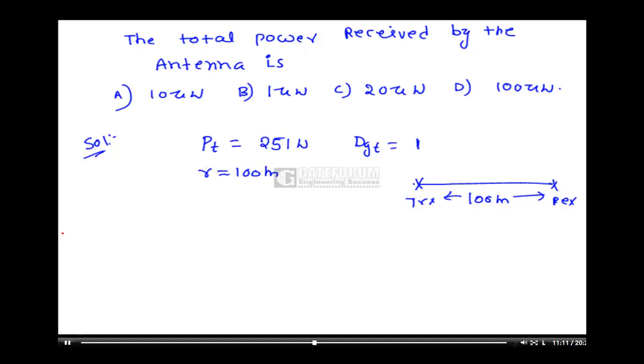The receiving antenna has an effective aperture of 500 centimeters square, that is AER, so AER is equal to 500 centimeters square. Then they are asking, what is the total power received, PR?